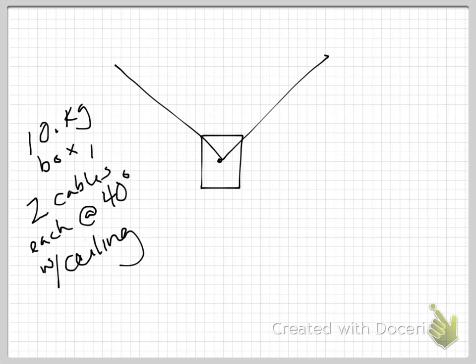Something seasonally appropriate, a box of snow, oh wait, a box of rain. So we've got 2 cables on this thing now, and they're each making a 40-degree angle with the ceiling. So we could have these on eye hooks or whatever. Now we want to know, what is the force of tension in each cable?